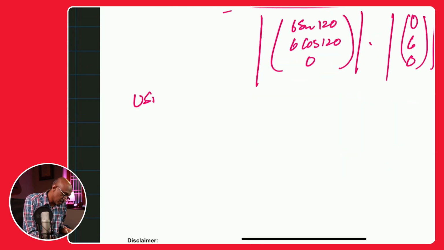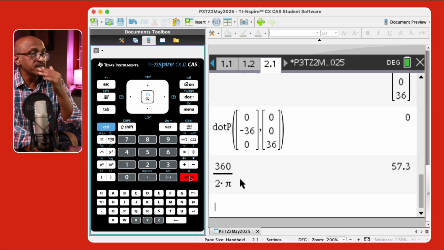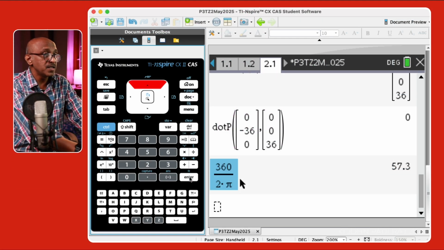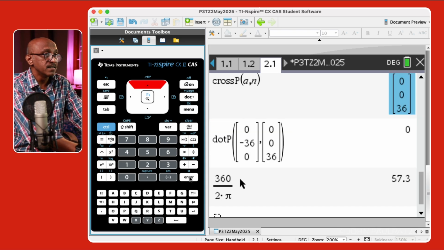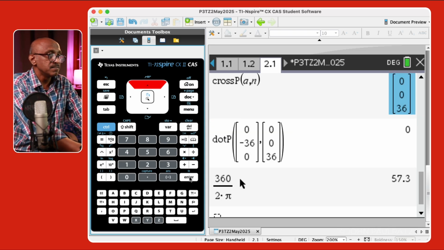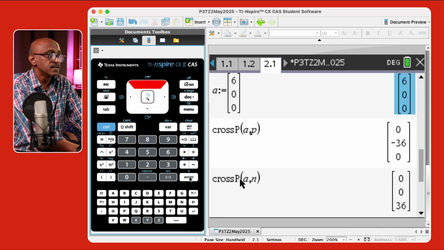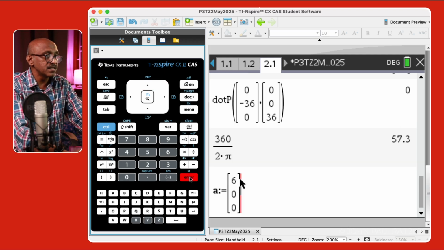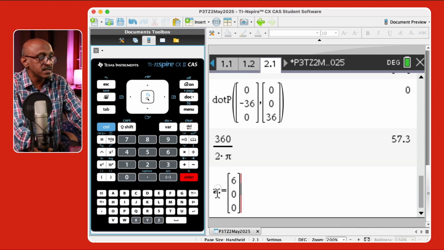Using the GDC, let's go ahead and define that. This time again, we'll make use of a vector that's already there. Let's pick this one and make the changes here.